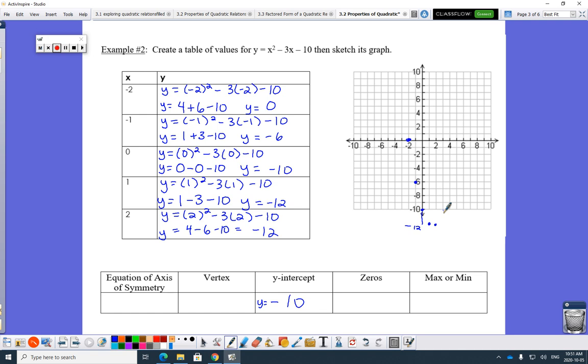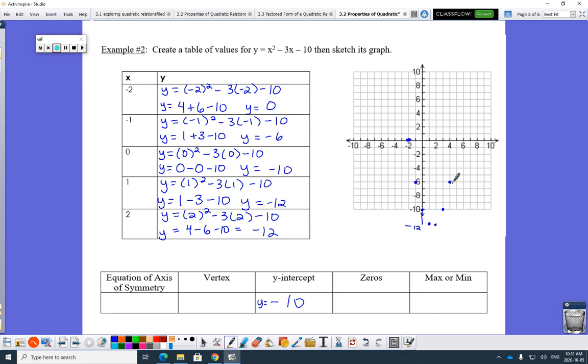Negative 3. 3, negative 10. So then you would go back up. You could do 4. Negative 6.